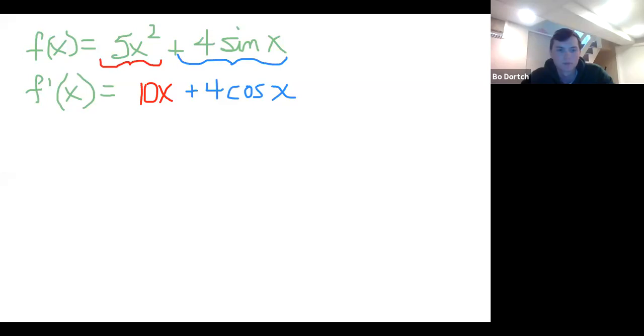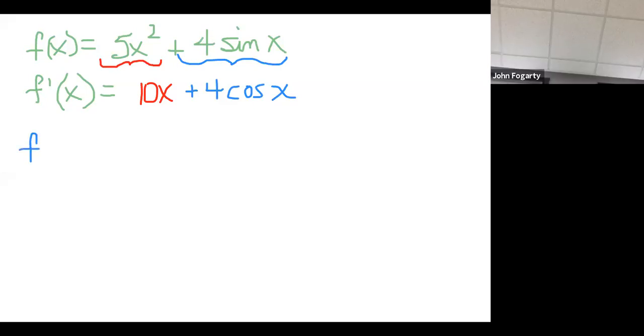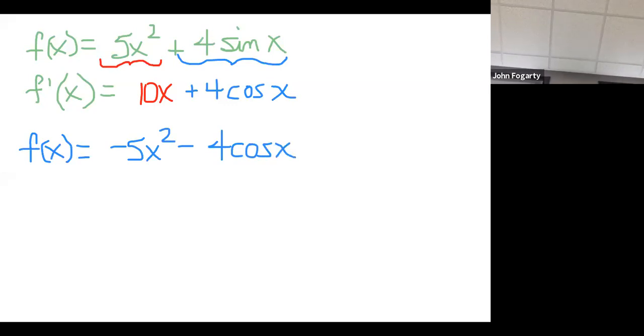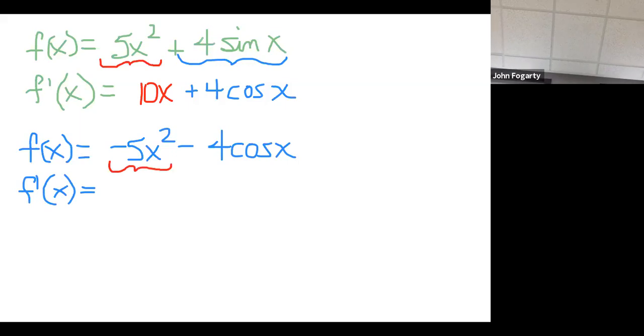All right. Try this one. f of x equals negative 5x squared minus 4 times the cosine of x. What would f prime of x be? It's almost the same problem, not quite. What are we going to use there?